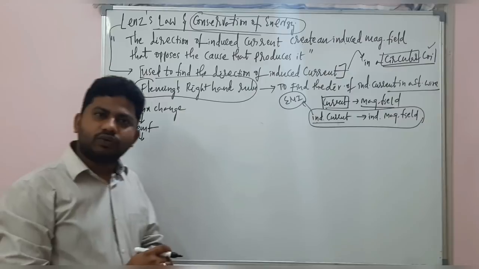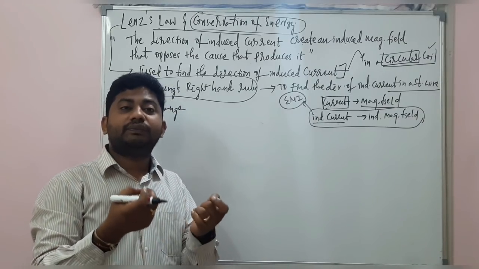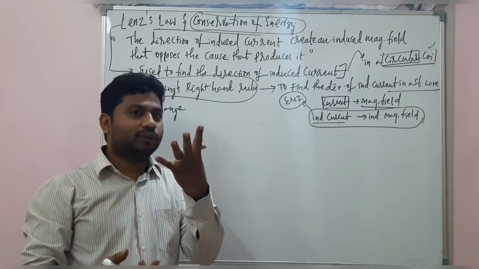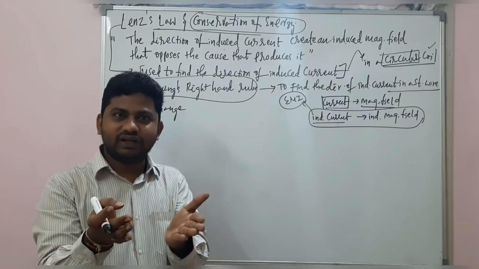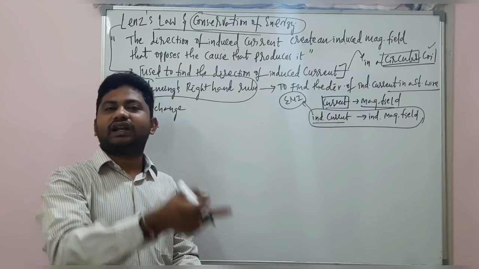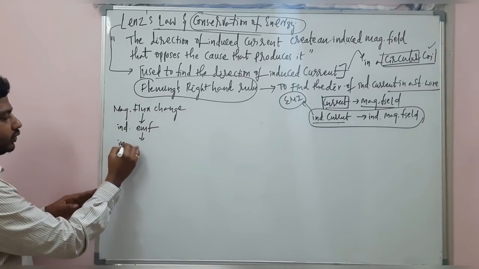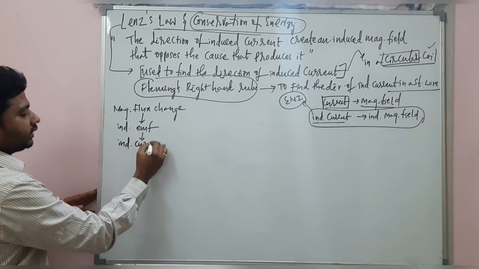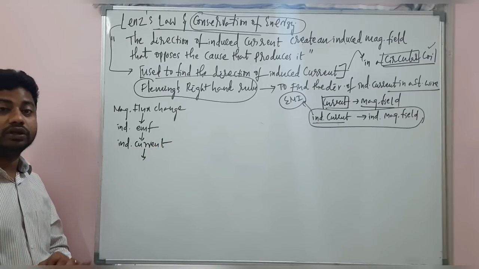Induced EMF means the virtual, temporary polarities of a battery are formed. When polarities are formed, positive terminal and negative terminal, then definitely the current will move in the coil. So induced EMF will produce induced current, and this induced current will not simply be quiet.